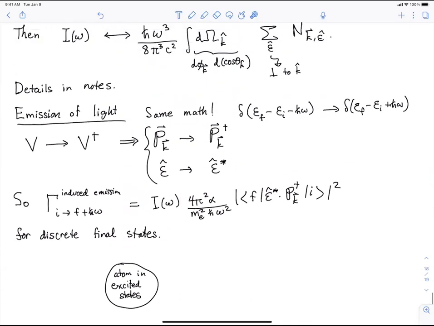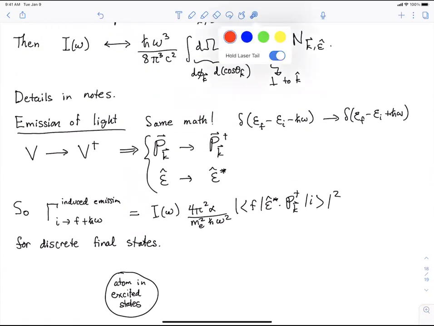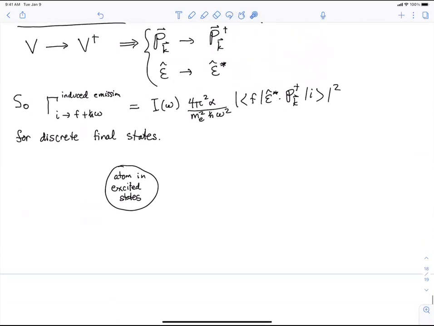If I go back to my formula for I, it's proportional to that number. So the picture I have here is I've got this atom, and then I have, let's say, n photons coming along to hit it. And really, I should tell you how many photons there are in each mode, but I'm just saying n here. And so this is the before picture.